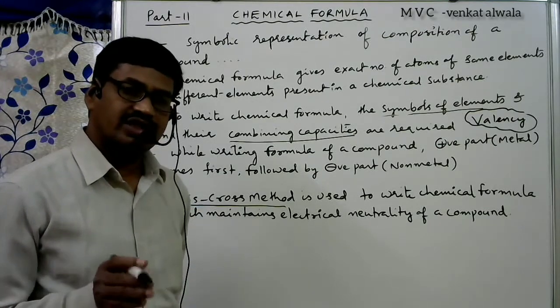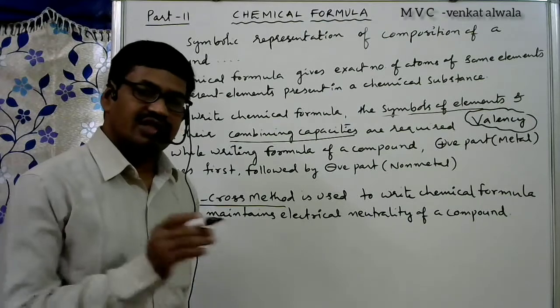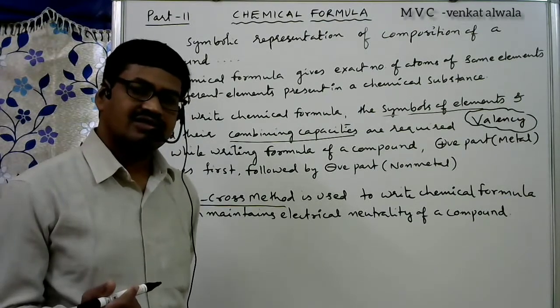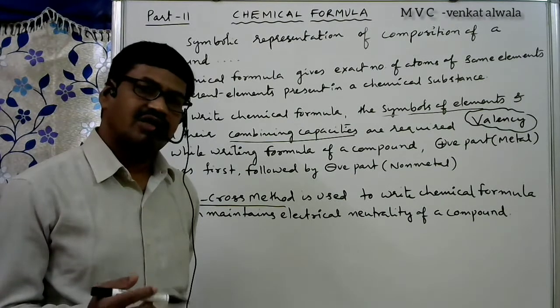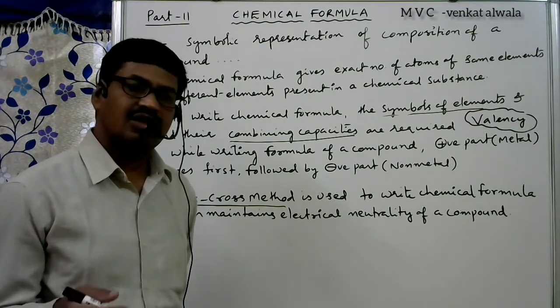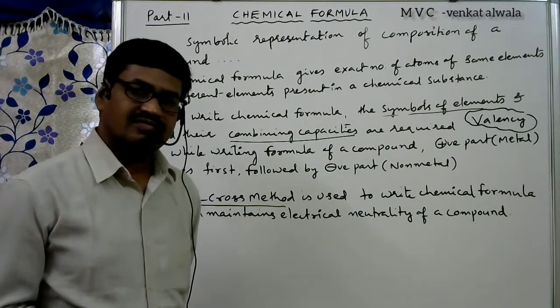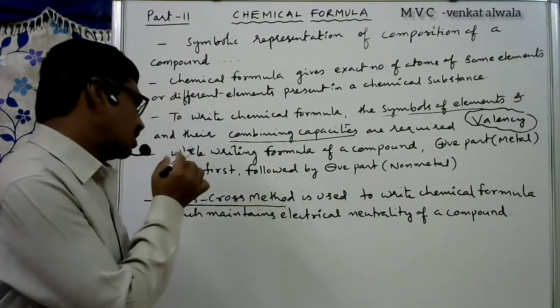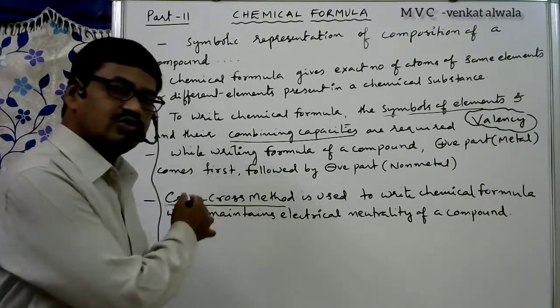So as to get neutral charge, they may accept electrons, negative charges, or they may lose electrons, and get neutrality. Here, as to get electrical neutrality, we have to use the crisscross method.